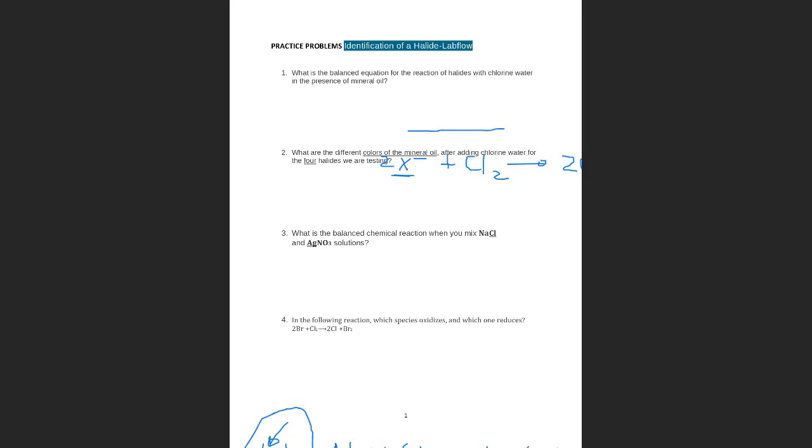So this is not much in this experiment. This is basically it. Be familiar with the two different reactions, and there is not much in this.